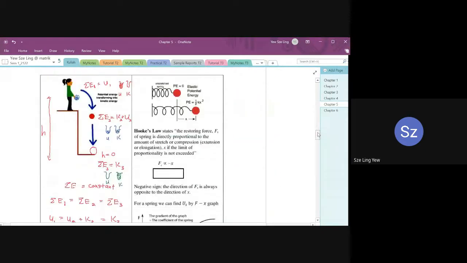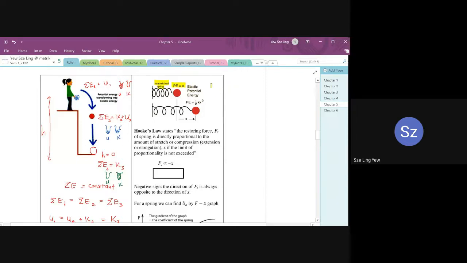So next one, if you look at the diagrams on the right-hand side, just now was about potential energy and kinetic energy. The one on the right-hand side is potential energy because now you have a spring. For an unstretched spring, the total potential energy is equal to 0.